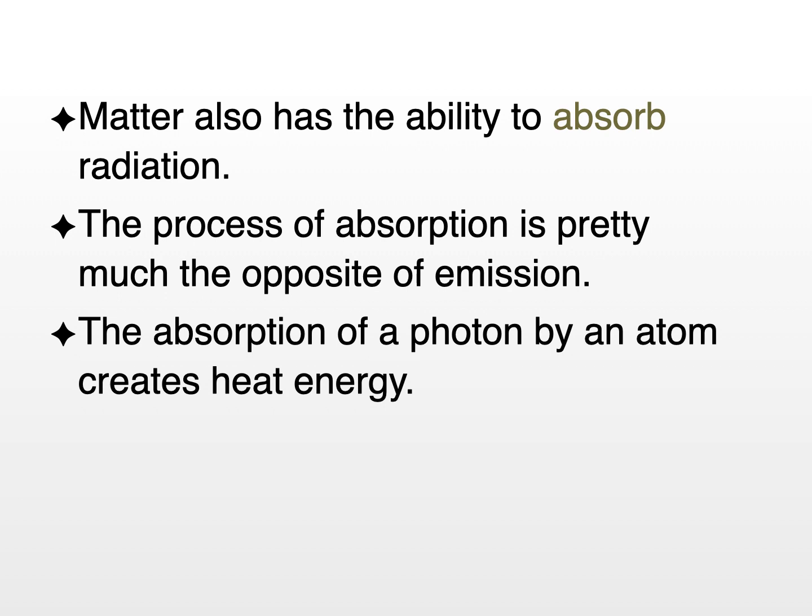Now, matter in the universe also has the ability to absorb radiation. And the process of absorption is pretty much the opposite of emission. The absorption of a photon by an atom creates heat energy. So you may have experienced this when you're out in the sun, that you can feel the surface of your skin heating up. You're absorbing photons that originated from the surface of the sun.